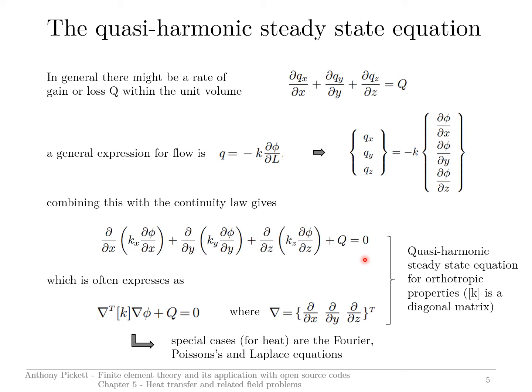This is general. I've also introduced Kx, Ky and Kz for an anisotropic or orthotropic case. The equations down here at the bottom are simply an alternative way of expressing this general equation.